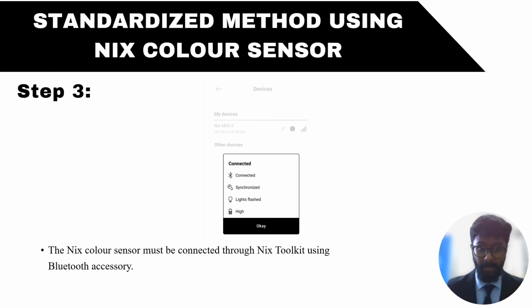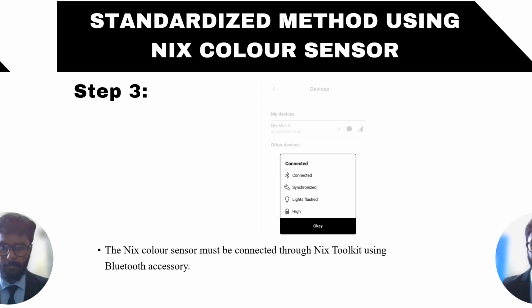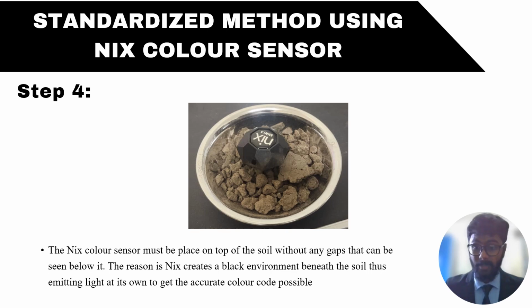After installing this app, the NIX color sensor should be connected to the Nix Toolkit via Bluetooth accessory. Take some sample from the site and put it into a platter where it should be spread evenly, and the NIX color sensor should be placed on top without any gaps located below it, because the NIX color sensor will create a black environment, emitting a light on its own, to get the accurate color code as possible as it can.